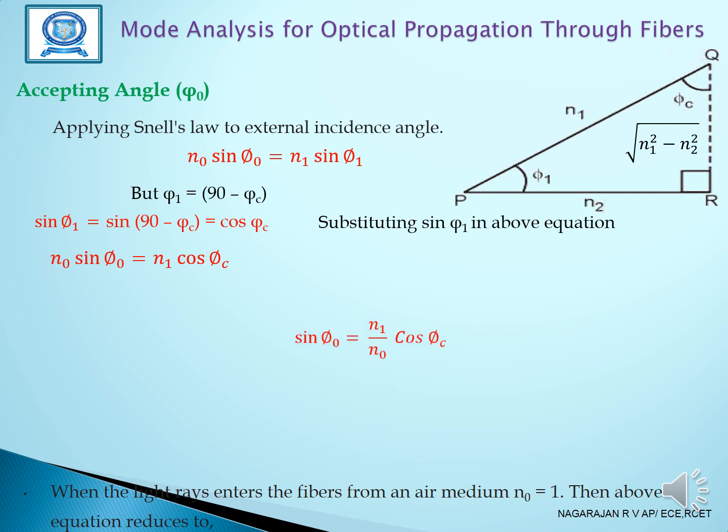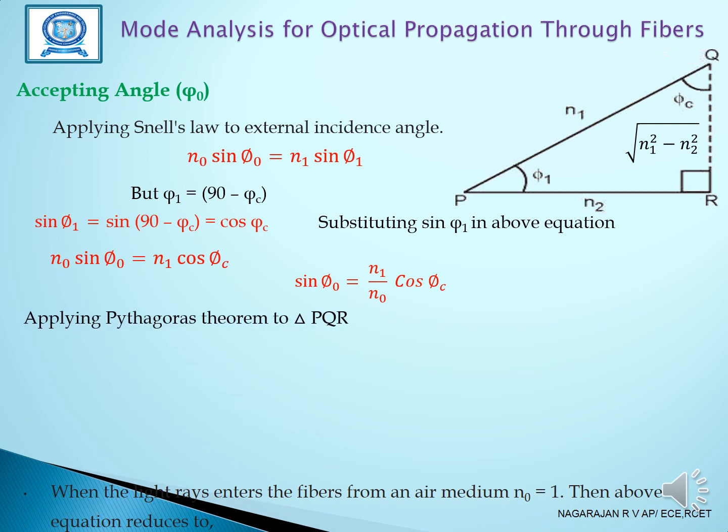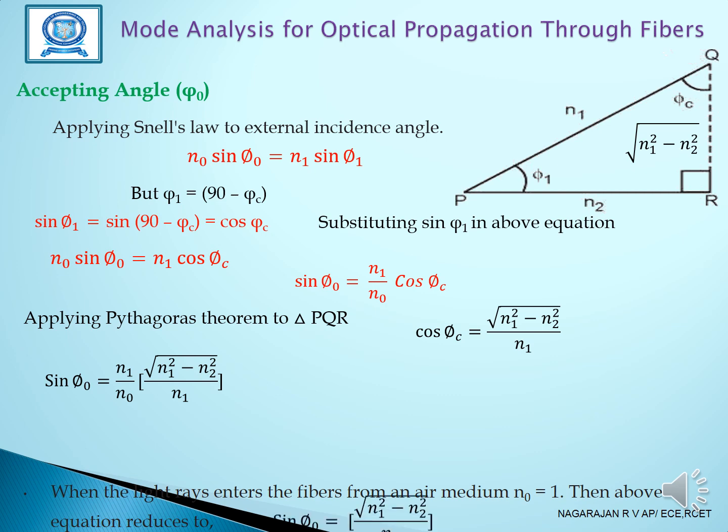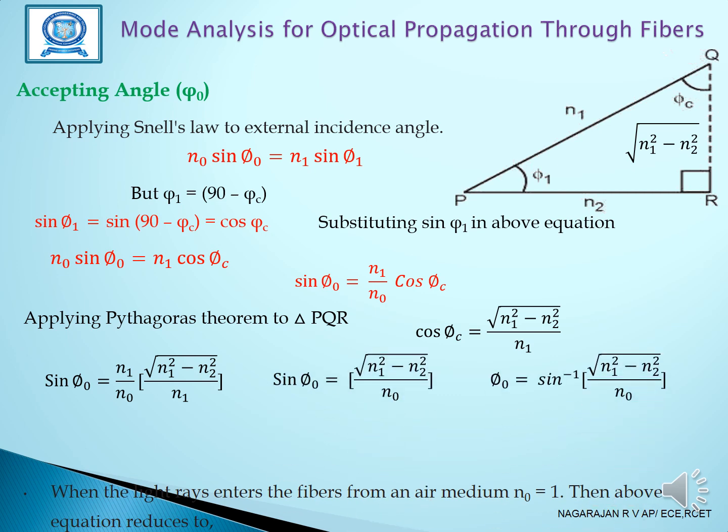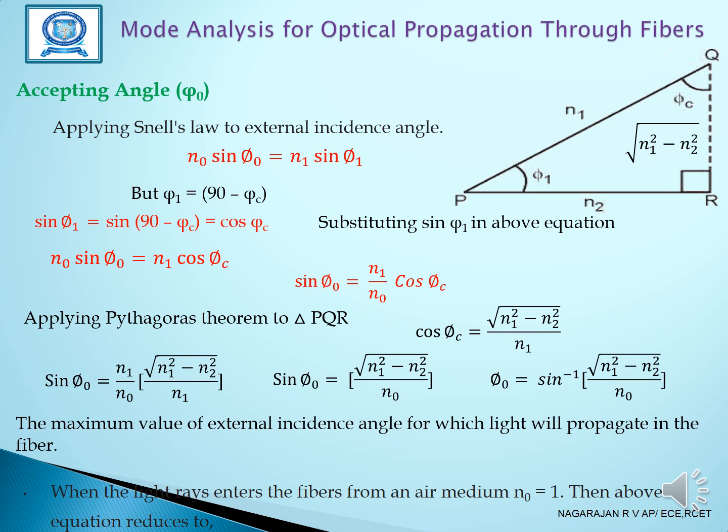Sin phi 0 is equal to N1 divided by N0 times cos phi c. Applying Pythagoras theorem to triangle PQR, cos phi c is equal to root of N1 square minus N2 square divided by N1. So sin phi 0 is equal to N1 divided by N0 times root of N1 square minus N2 square divided by N1. So the angle phi 0 is equal to sin inverse of root of N1 square minus N2 square divided by N0.